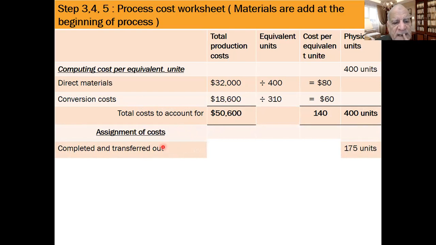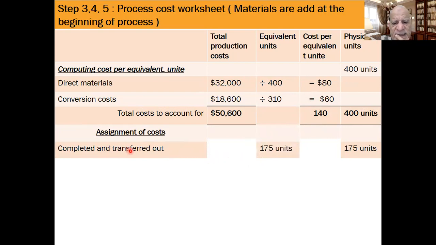As for the completed and transferred out units, as these units are 100% completed from each of the cost items, we can compute the cost of these units either by multiplying the equivalent units by the cost per each cost element separately, or it is better to calculate it by multiplying the total cost of the equivalent units by this number. And this is what we will do now.